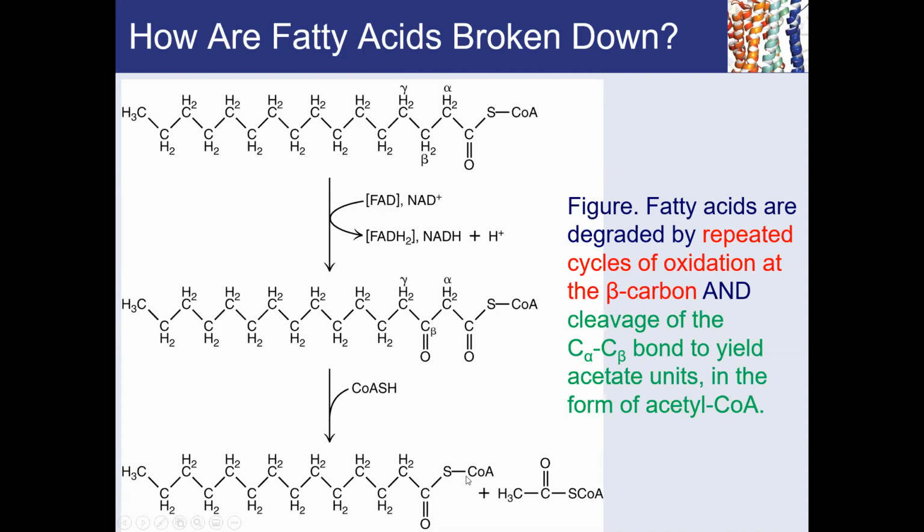You can see coenzyme A, that's why the substrate in the last step shown is coenzyme A. So you already have an activated fatty acid that is now 2 carbons short, and acetyl coenzyme A. And you do this process again and again until you get everything converted into acetyl coenzyme A. So it's a repeated cycle of oxidation at the beta carbon and cleavage of the C alpha-beta bond to yield an activated acetate unit and a 2 carbon shorter fatty acid that is also activated.